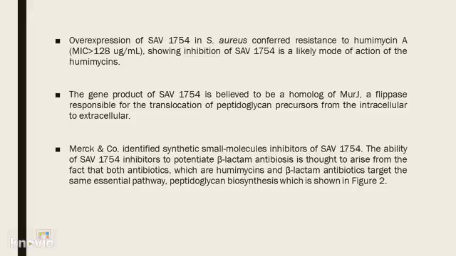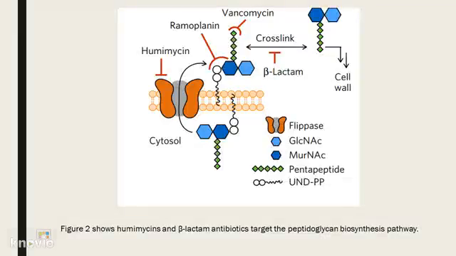The ability of SAV1754 inhibitors to potentiate beta-lactam antibiosis is thought to arise from the fact that both antibiotics target the same essential pathway. These figures show how humimycins and beta-lactam antibiotics target the peptidoglycan biosynthesis pathway.